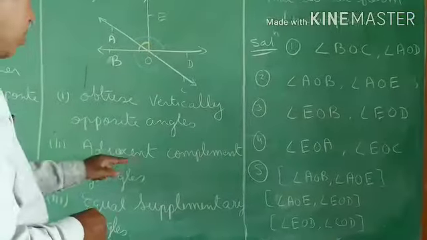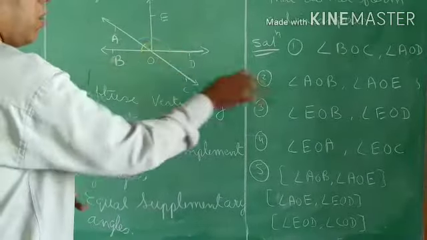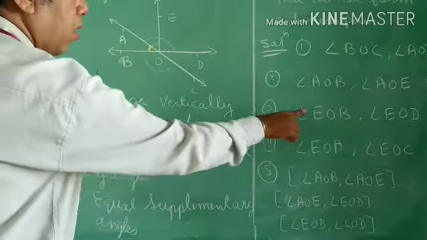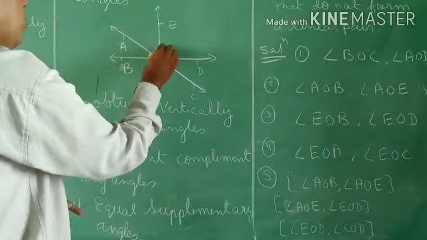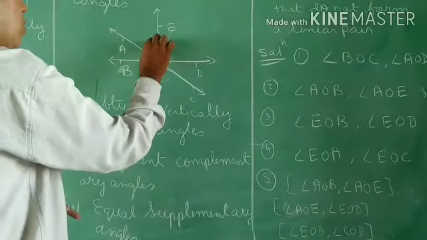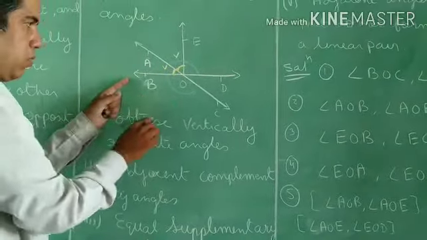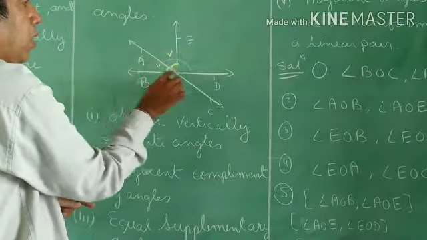So adjacent, complementary: one is AOB, see it is given here, AOB and AOE. These two angles. The sum of these two angles is how much? 90. So this is the answer. You can see here AOB and AOE.